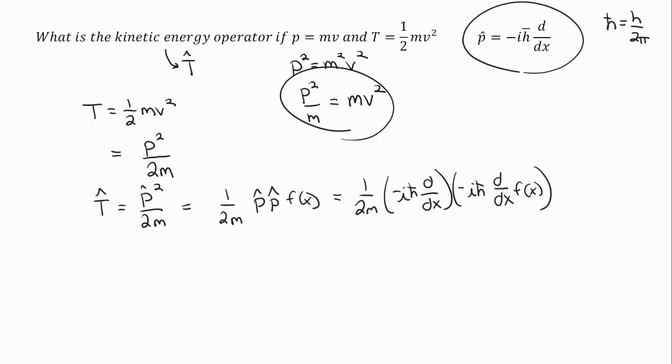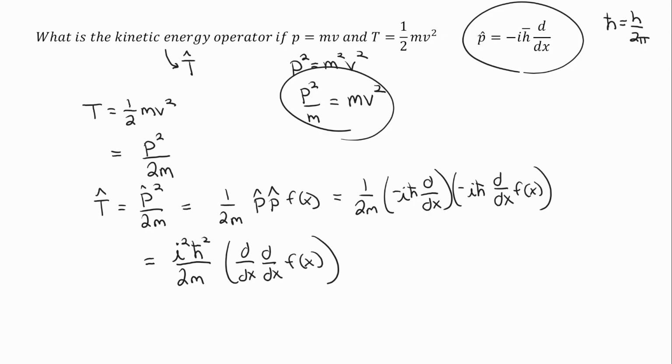We know our i and h bar are constants in this case, where i is also the square root of -1. So when we apply them together, we're going to end up getting i squared h bar squared all over 2m. And we're just going to apply our first derivative twice to our f of x function.